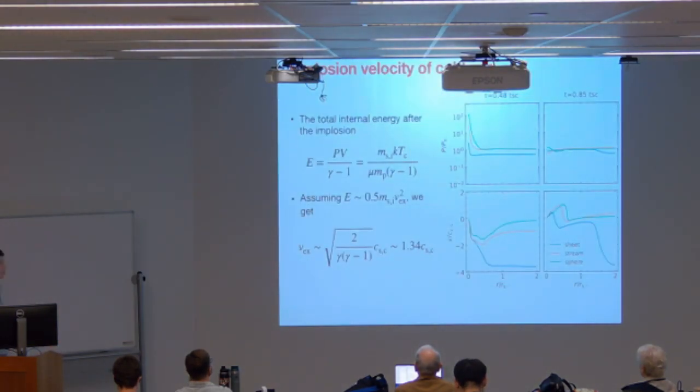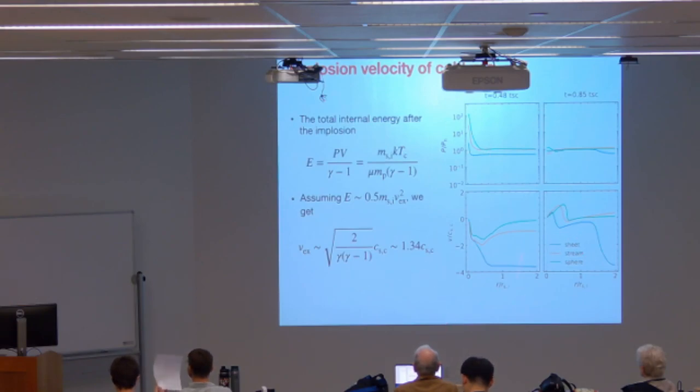So the first thing we explore is the explosion velocity of the cold gas, because this will determine the spatial distribution, how far the clumps can reach. And here I show the pressure and the radial velocity profile for the sheets, streams and spheres.